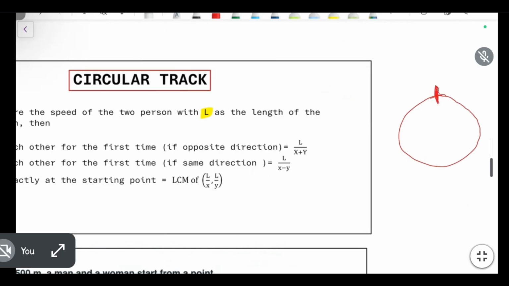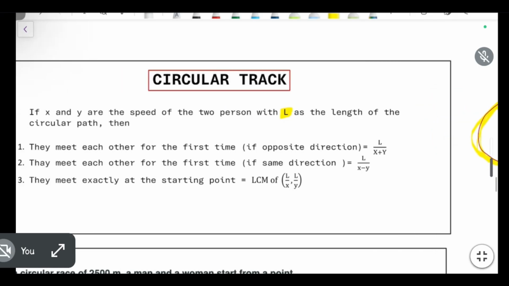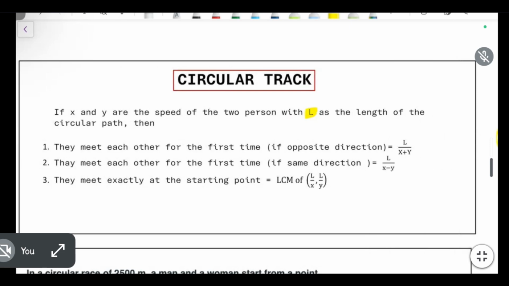This is the starting point, then the length or the distance will be nothing but this one only, because the person will be running around this one only. So the distance will always be the length of the track, or sometimes if only the radius is given, then the circumference of the circle will be the length. But since we haven't done mensuration, I'll discuss it more deeply when we do that, okay?